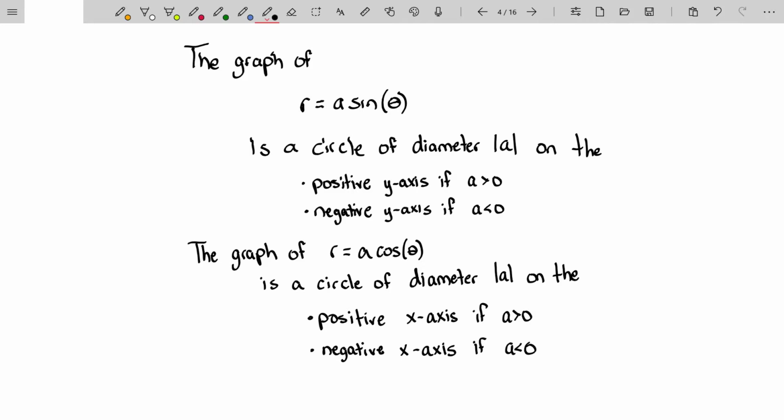The graph of r equals a sine of theta is a circle of diameter absolute value of a that is on the positive y-axis if a is greater than 0. It's on the negative y-axis if a is less than 0. The graph of r equals a cosine of theta is also a circle of diameter absolute value of a, and it's on the positive x-axis if a is greater than 0. It's on the negative x-axis if a is less than 0.